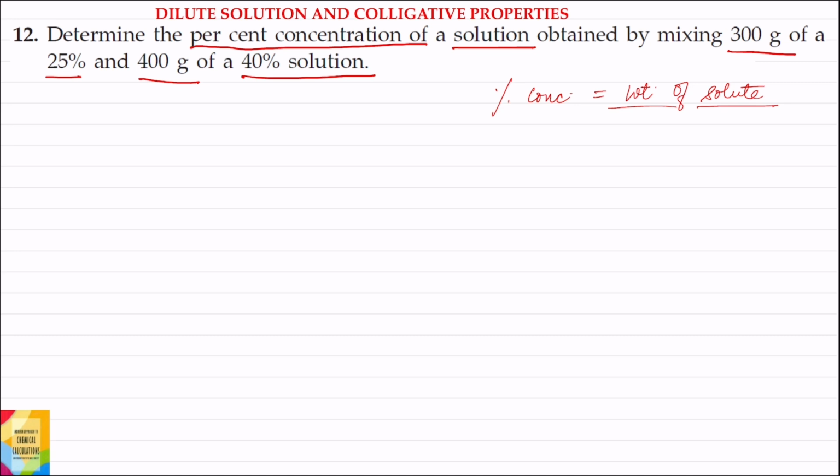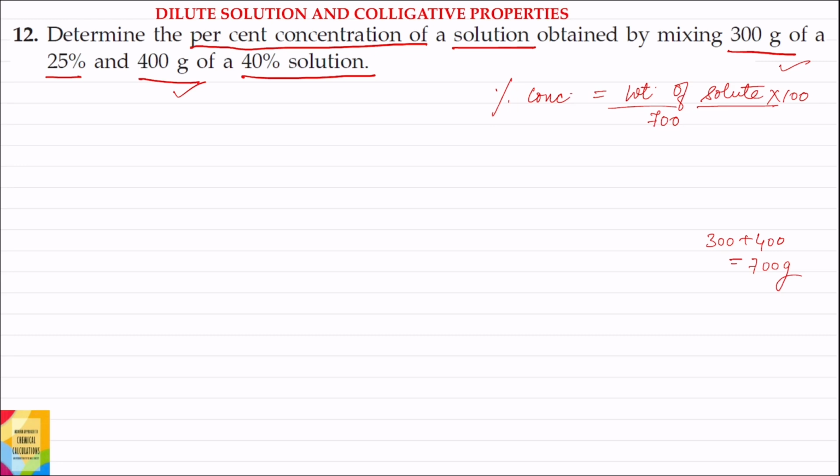Now the final solution is obtained by mixing two solutions, one of which is 300 gram and another one is 400 gram. So how much will the total weight be? Total weight will be 300 plus 400, which is equal to 700 gram. So weight of solute divided by weight of the final solution, that is 700, into 100. This will give the percentage concentration of the final solution.